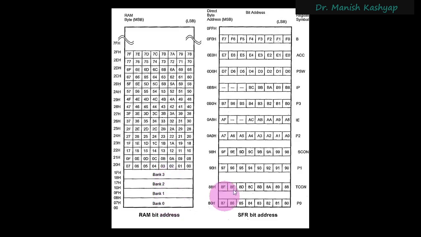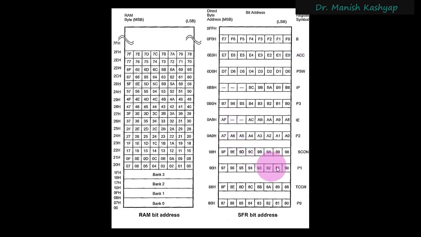But this is also a portion of RAM, where you have another 128 bytes starting from 80H to 0FFH, out of which 21 registers that you see here are used for special purpose things. So these are special function registers, right? They can be addressed by bits or by their actual addresses, or in programming they can be addressed by their mnemonics, or their names also. That's what we are going to see.